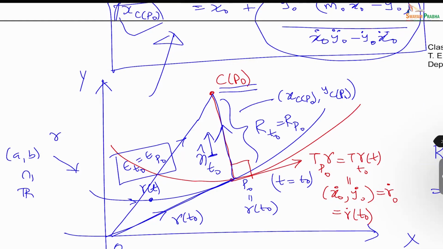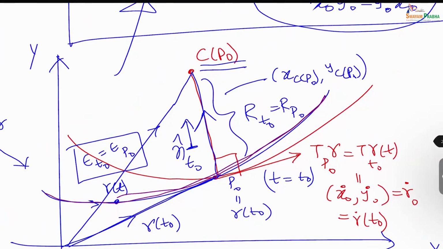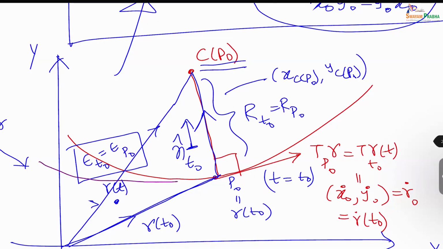The way I've drawn it, this is the curve, and the red one is the circle of curvature, and it doesn't look nice, and certainly doesn't look like it's approximating it. So the correct thing is, I redraw the curve part. The curve should rather be something like this. Okay, this must be my gamma t, right?